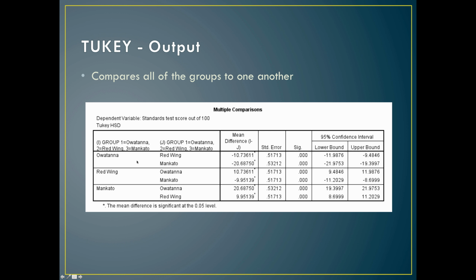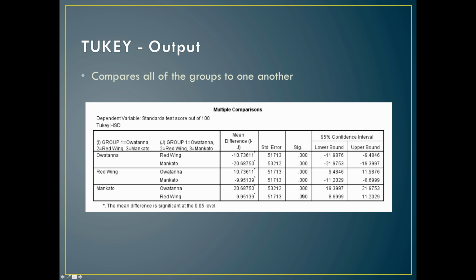Okay, so all you need to read here is Owatonna and Red Wing, Owatonna and Mankato, and also Mankato with, I guess, which one is left, Red Wing. So that would be your only other comparison that you need to look at.